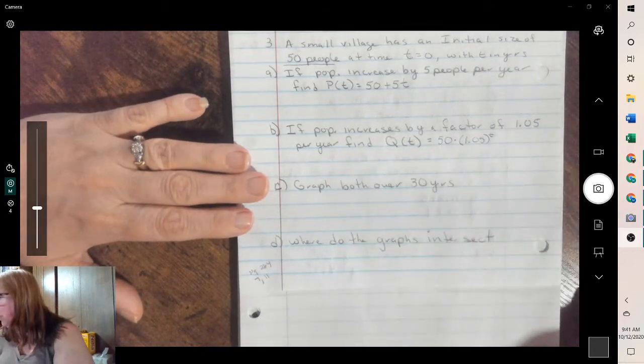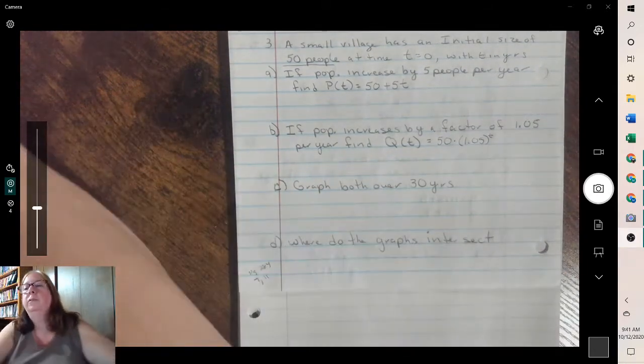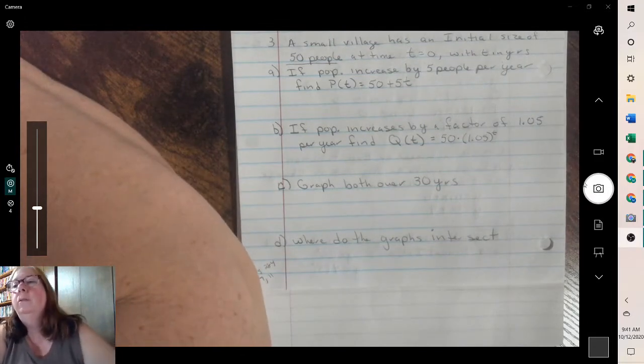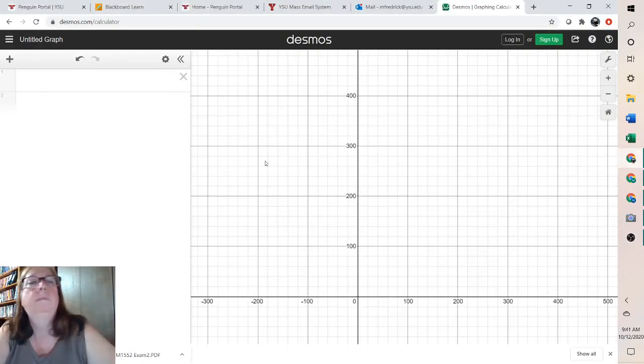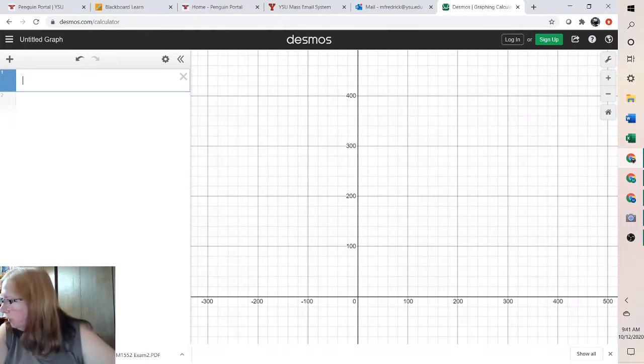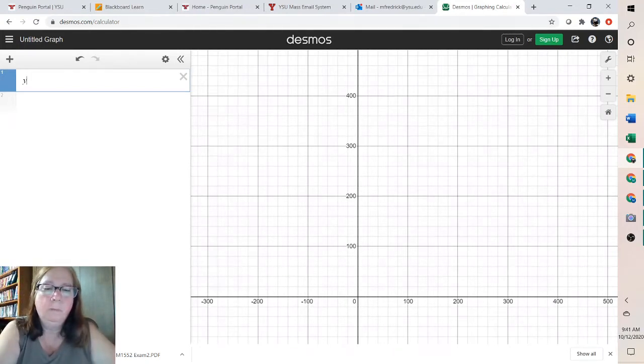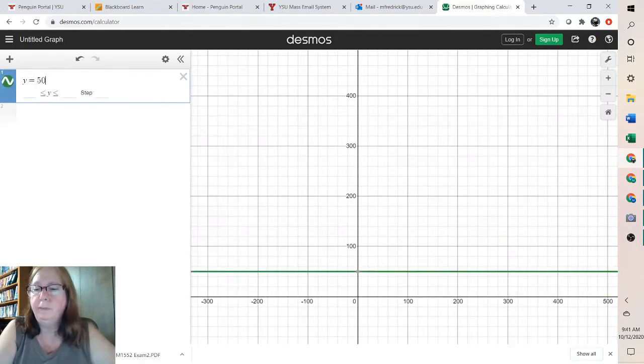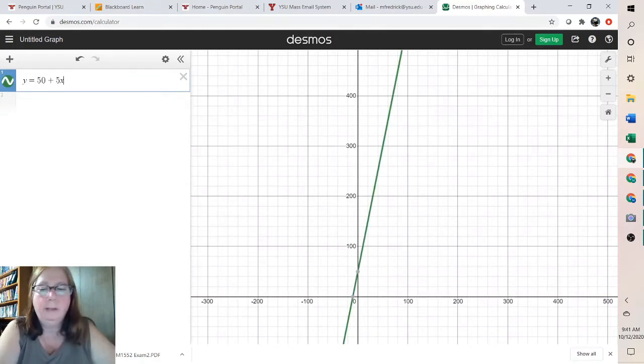Graph both over 30 years. So if we graph using Gizmo, the first equation was y equals 50 plus 5x.